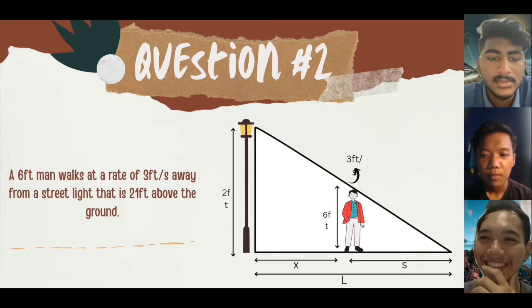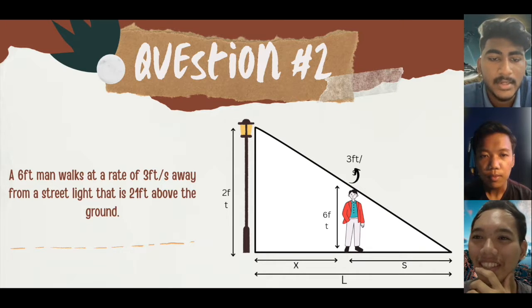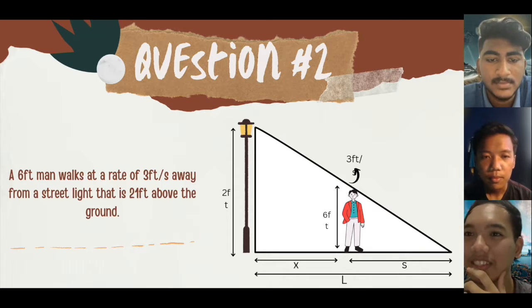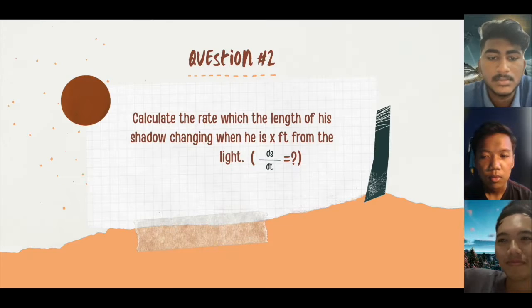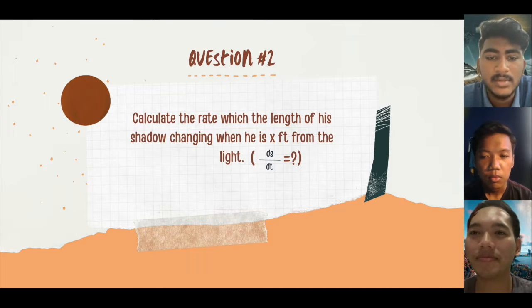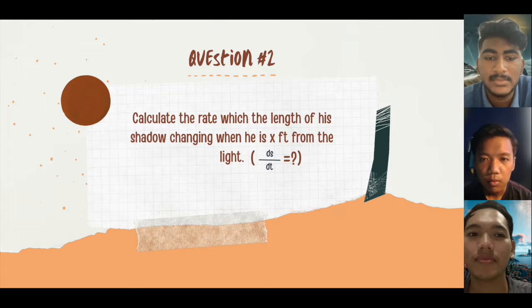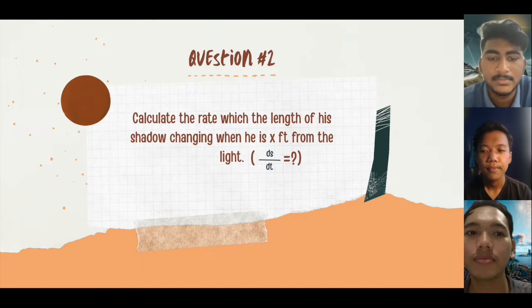Question 2. A 6-feet man walks at the rate of 3 feet per second away from a street light that is 21 feet above the ground. The question is to calculate the rate at which the length of his shadow is changing when he is x feet from the light.